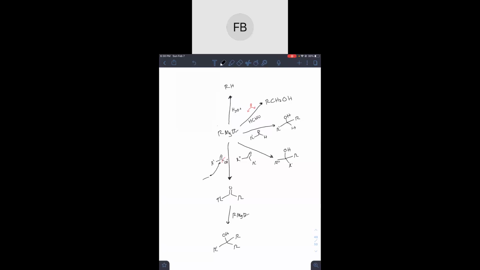Just the last one that's in blue. This is an epoxidation type question. What happens is that our ethyl will simply attack one of the carbons. The carbon that it attacked gets the ethyl attached to it, or whatever R. And the other one breaks off a little bit and creates an OH.